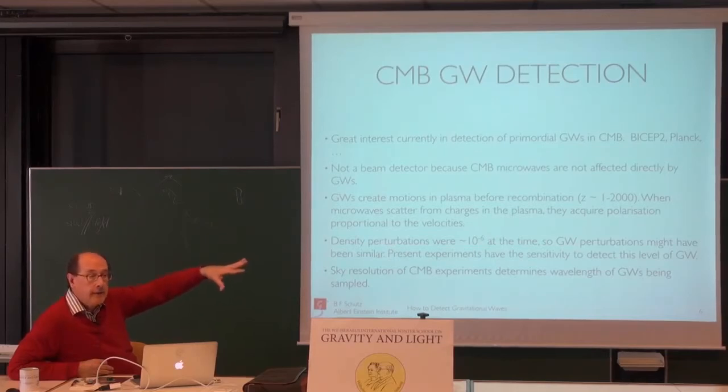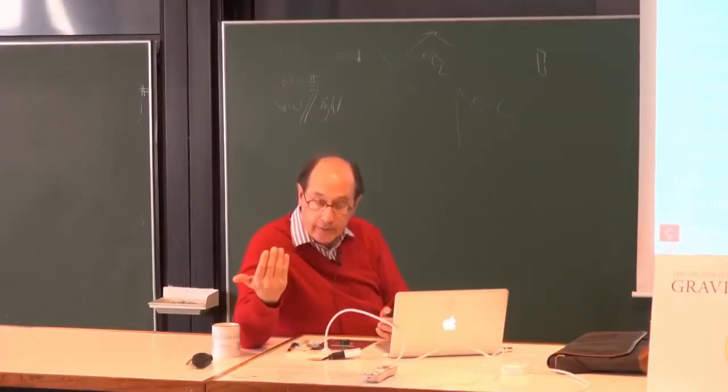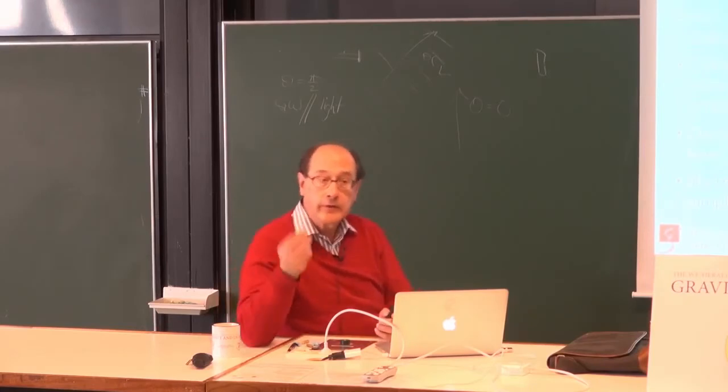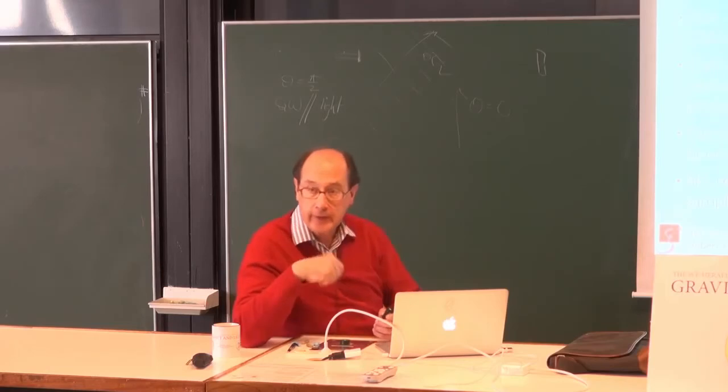We're not seeing time variations in the transmission of cosmic microwaves to our detectors. What we're seeing is the imprint of gravitational waves on the polarization. A photon scattering off of the charges that are moving alters the polarization pattern. If the charge is stationary, you'll have a random polarization.